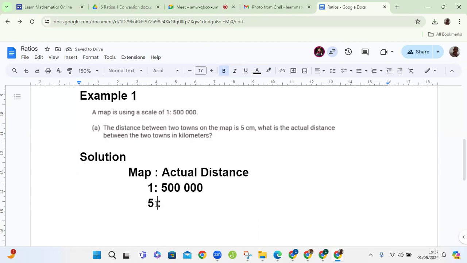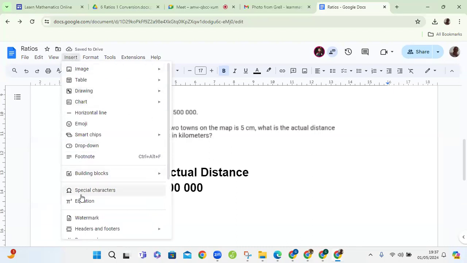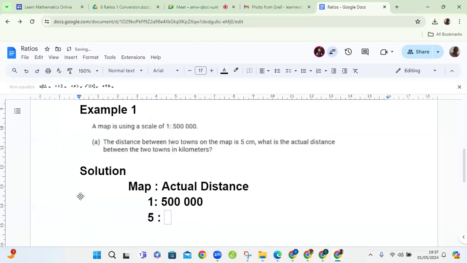Oh, by the way, whenever you are reading ratios, the word for the colon is "to". So 5 to... and what are we looking for? We are actually looking for the actual distance. So that will be our x. So x will come on the actual distance. That's what we're looking for. X is a replacement of what you want to know.